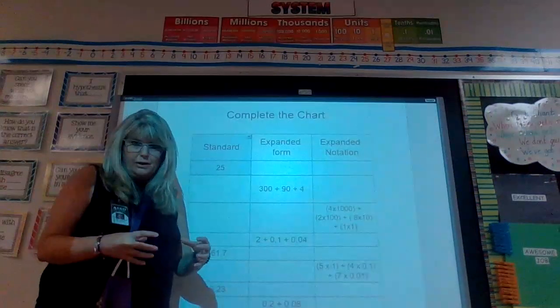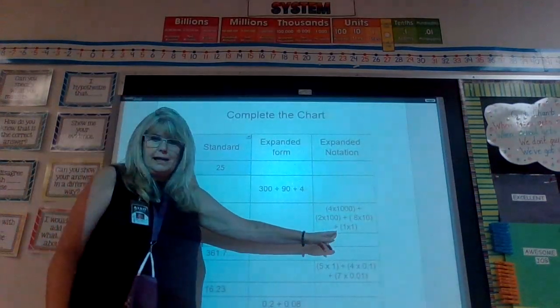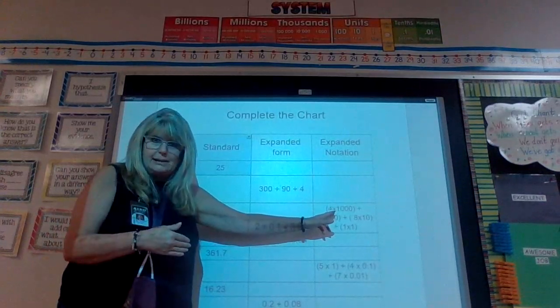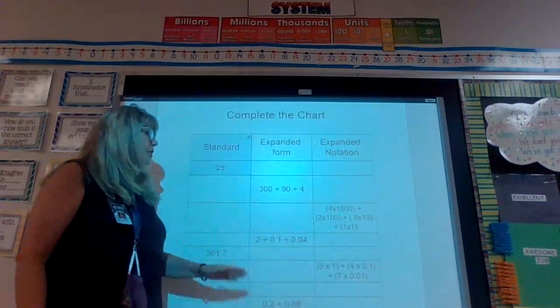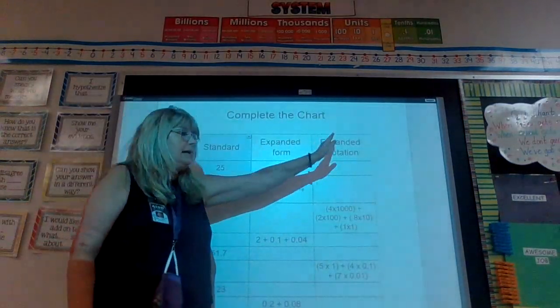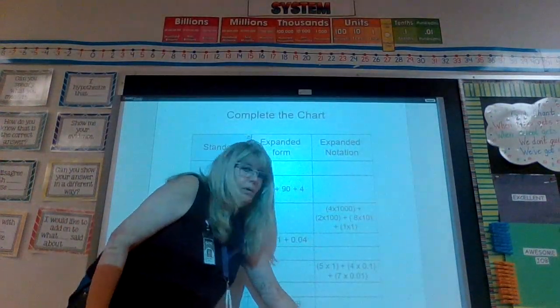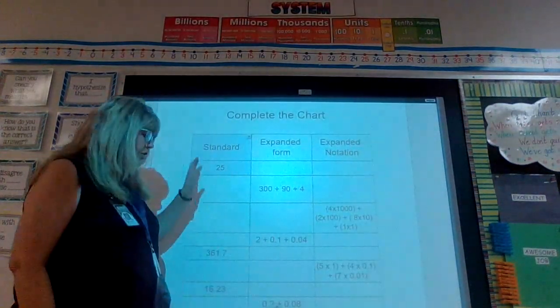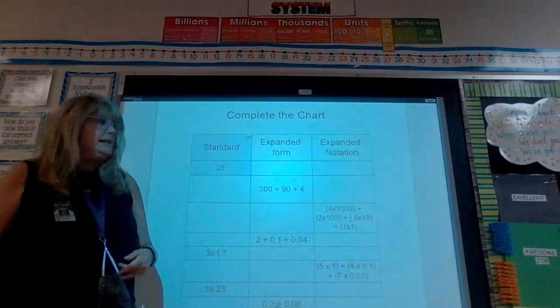You're writing the value. Expanded notation. You're taking that number and multiplying it by the place that the number is in. So you've got 3 forms right here: standard, expanded, and expanded notation. So I'm going to fill in 2 for you. Then we're going to pause the video and you are going to fill in the rest of this.